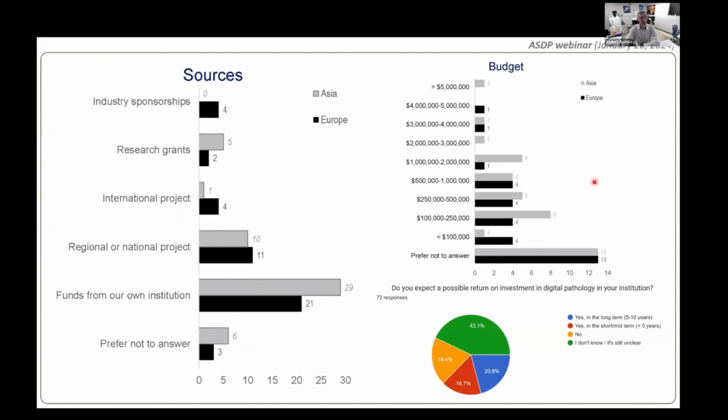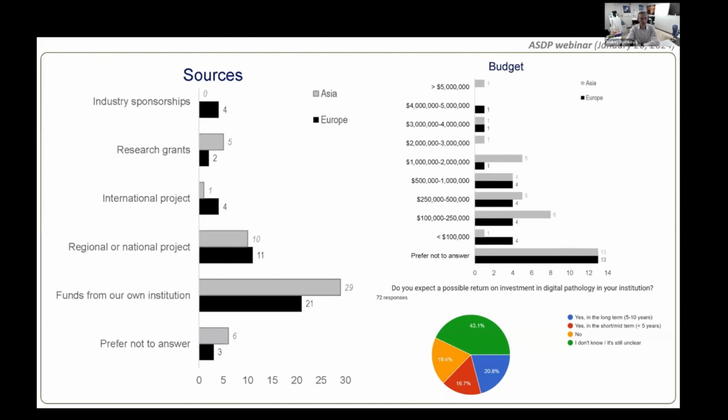When we asked about the approximate budget spent for digital pathology setup, which includes scanners, storage, workstations, everything, most preferred not to answer, or they simply did not know the answer because they were not the decision makers in making their laboratory digital. Among the rest, as you can see here, common spendings were 100 to 250,000 US dollars, followed by 250 to $500,000 and $500,000 to 1 million.